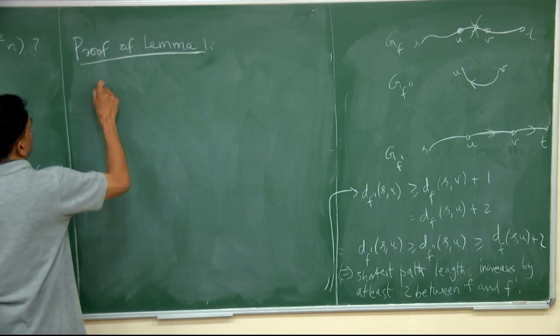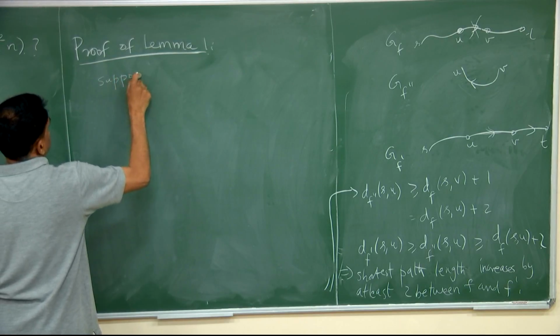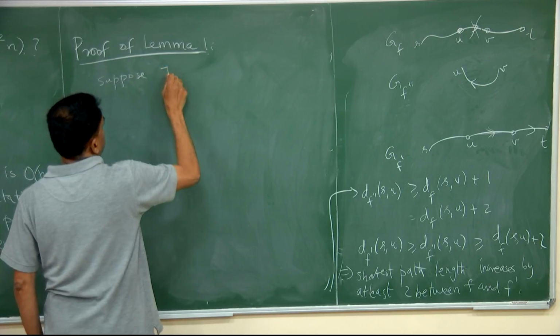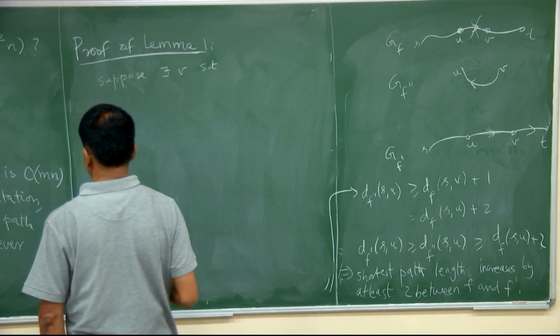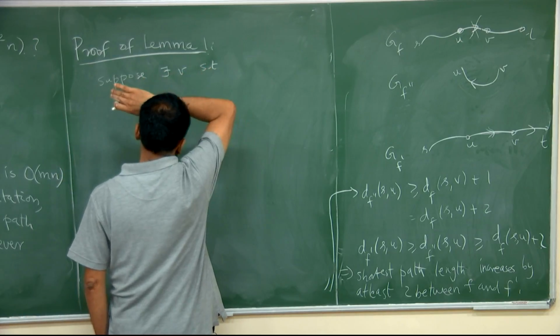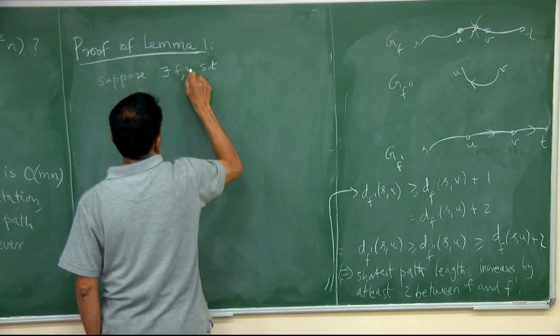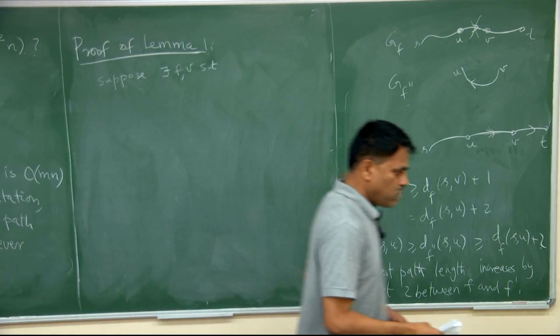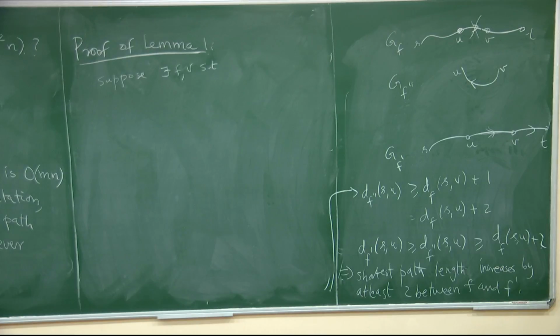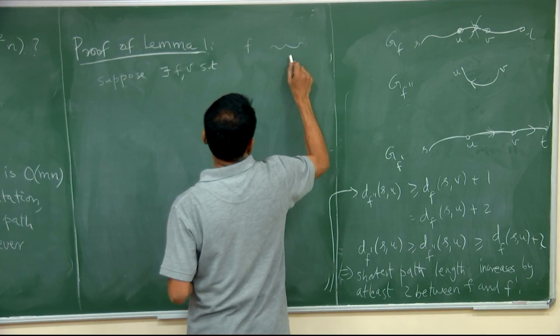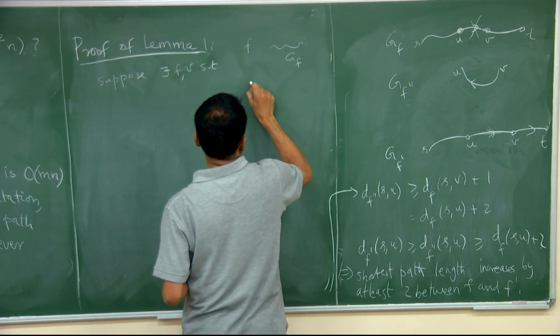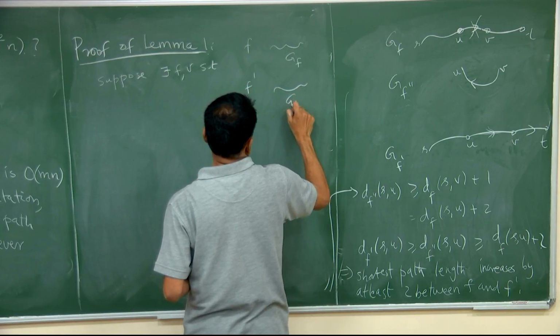Suppose not, we'll arrive at a contradiction. Suppose there exists a vertex V such that after an augmentation, I have an F and some augmentation in GF, and then I get F prime, and I look at GF prime.